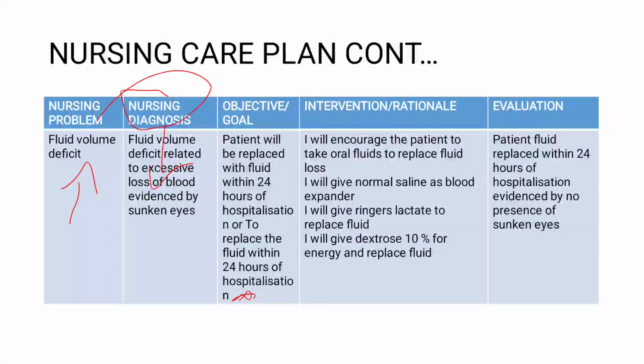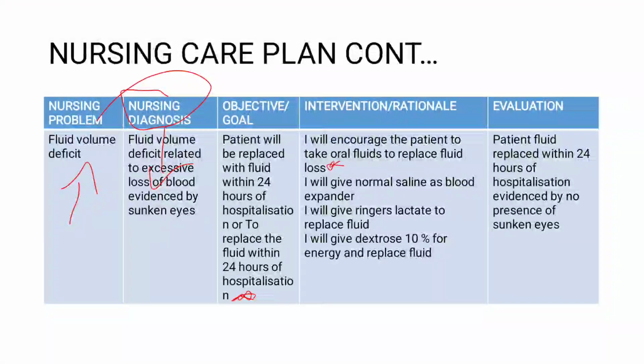In terms of our objective or goal, you say patient will be replaced with the fluids within 24 hours of hospitalization. Or you can say in terms of objective, if you are using objectives, you can say to replace the fluid volume to normal levels within 24 hours of hospitalization.